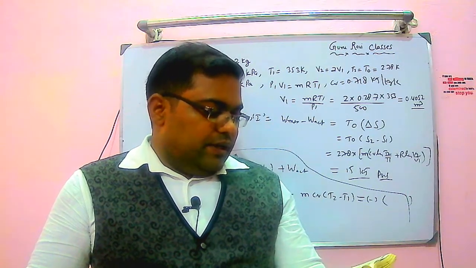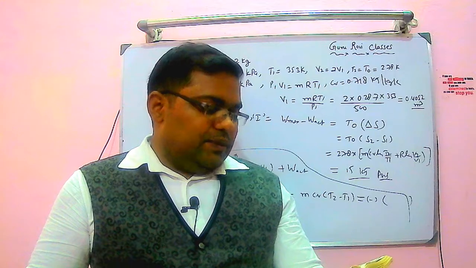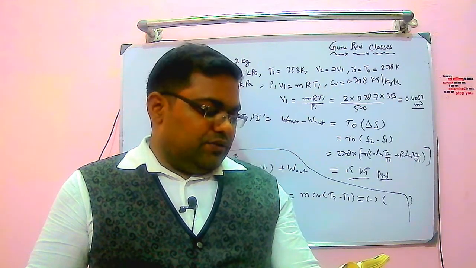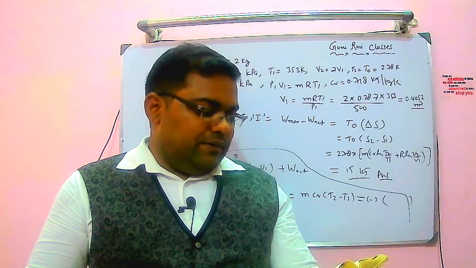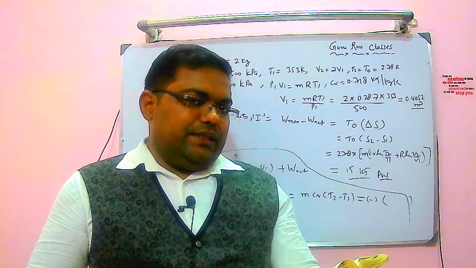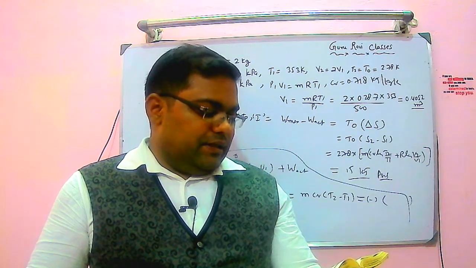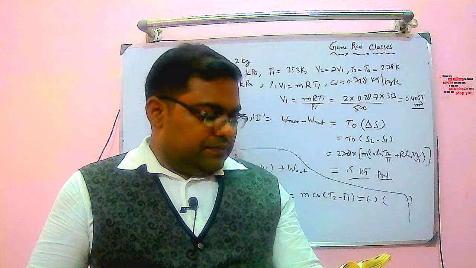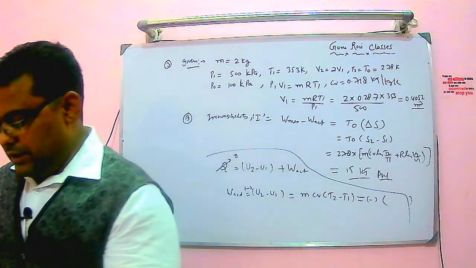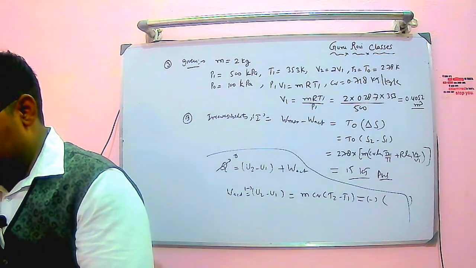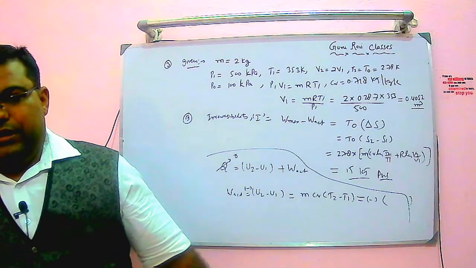For air, take specific heat at constant pressure as 1.005 kilojoule per kilogram Kelvin, and enthalpy is equal to Cp times capital T. That's all, so these things are given. This is for an open system; you need to solve it out.